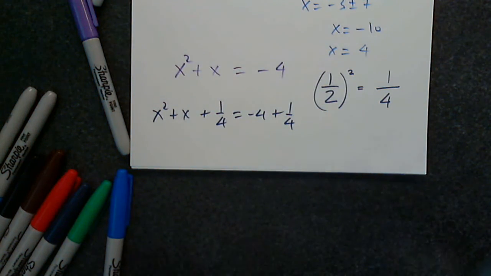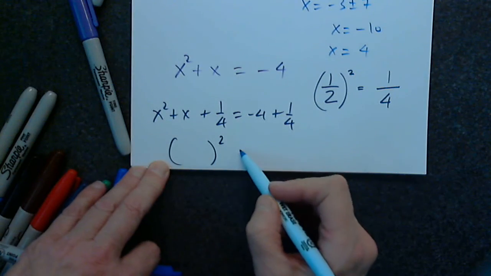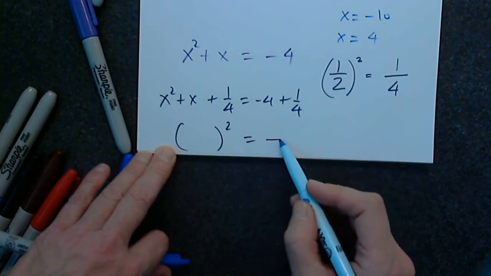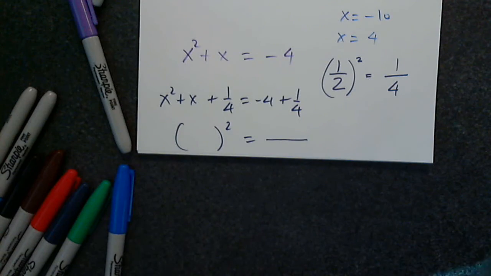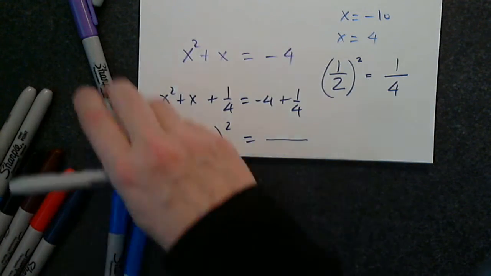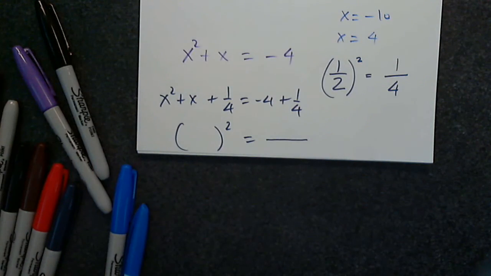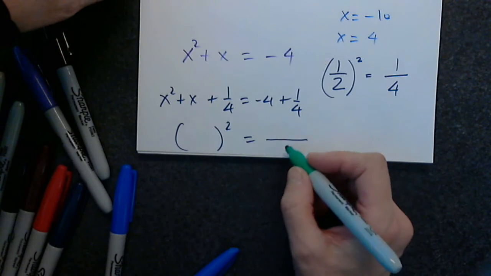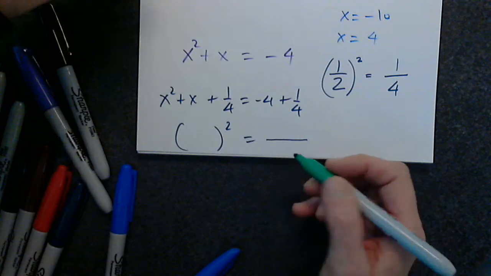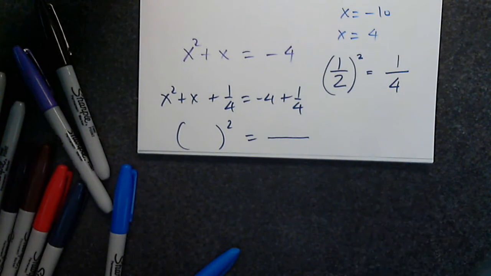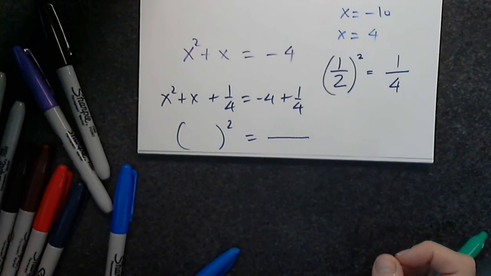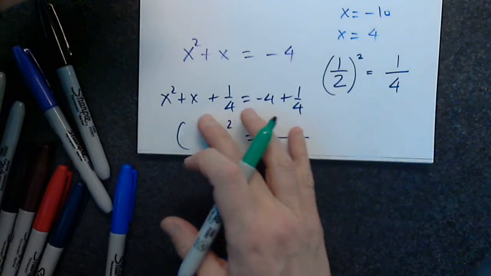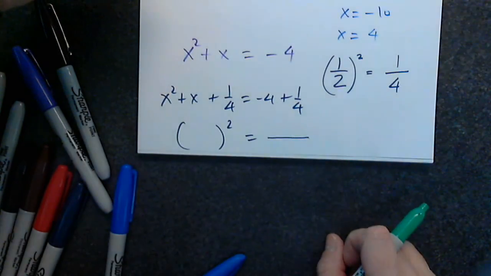1/4. So now, can anyone give us the perfect square on the left and the least common denominator on the right? It doesn't have to be the same person. Give me anything. What do we square to get x squared plus x plus 1/4?